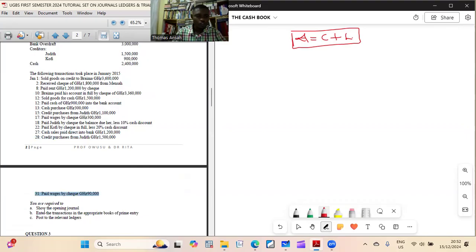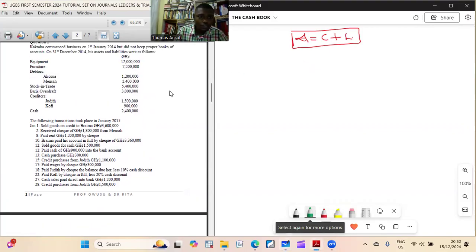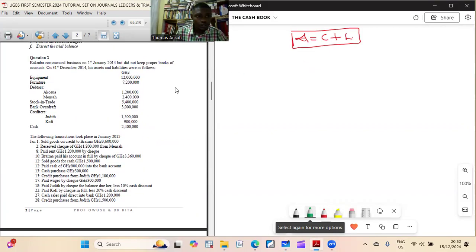So we are going to first use the journal, the general journal. Remember, one of the functions of the general journal is what we call opening balances. So we are doing this in whose book? Which company is this? We have Kakraba.